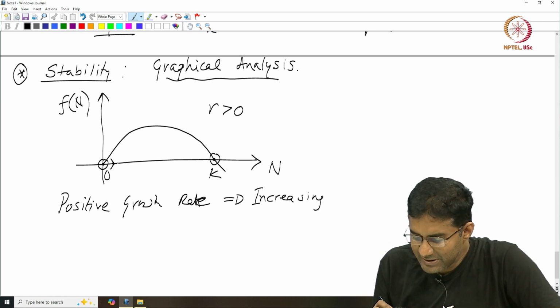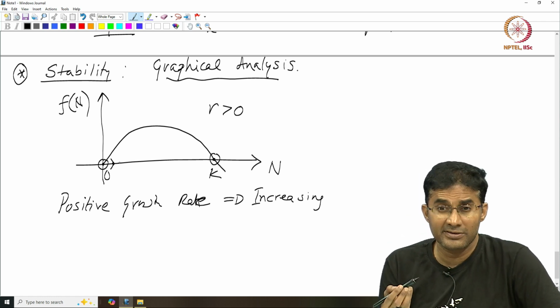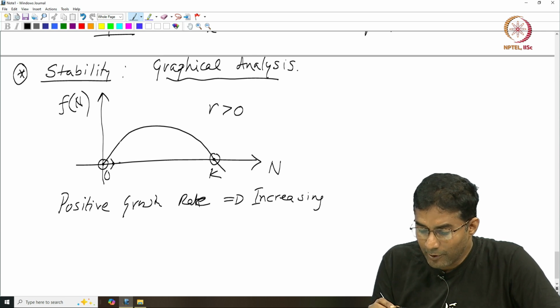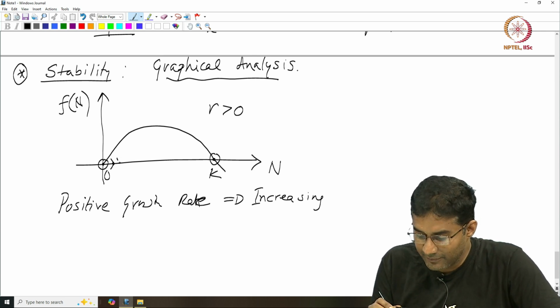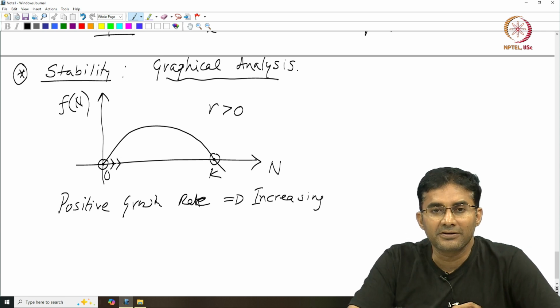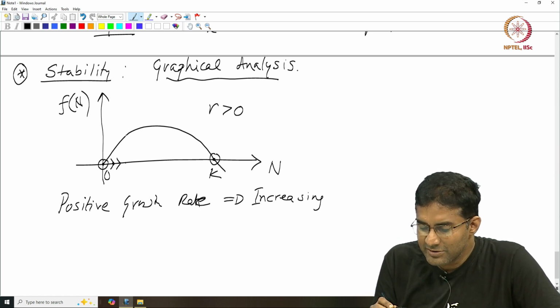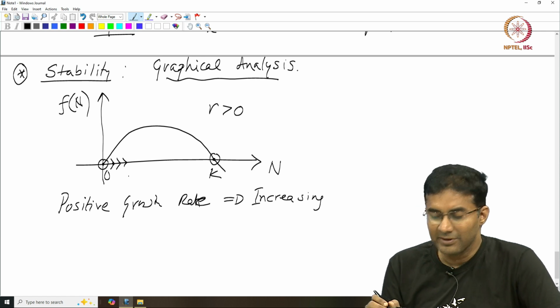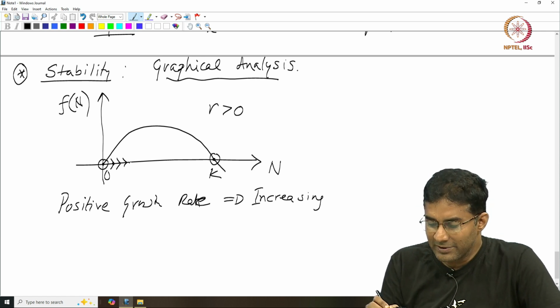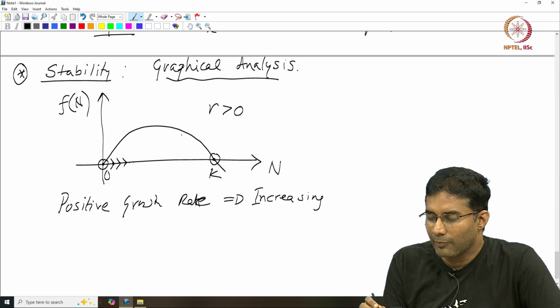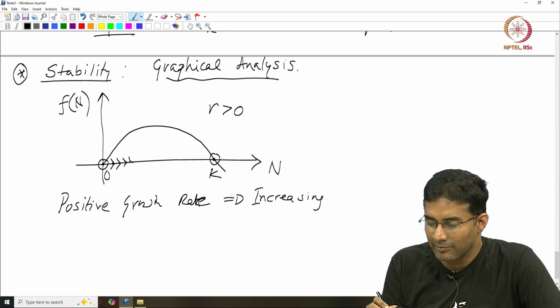Let us say the population size has gone here because it has increased further. Again the population growth rate is positive, so it will increase further, and it will come here. Again you see that the population growth rate is positive, so it will increase further. In fact, as the population increases, throughout the population growth rate is positive.